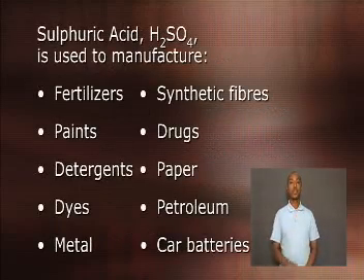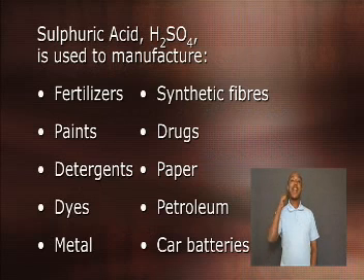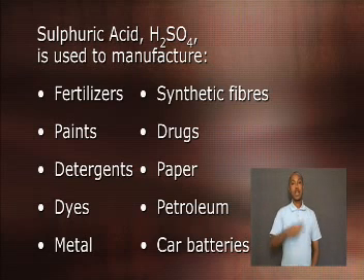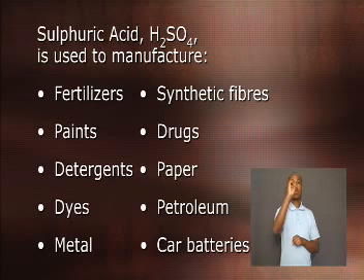Sulfuric acid is another acid that is commonly used in the laboratory. It is also the leading industrial chemical. Sulfuric acid is used to produce sulfate and phosphate fertilizers, synthetic fibers, paints, drugs, detergents, paper, and dyes.